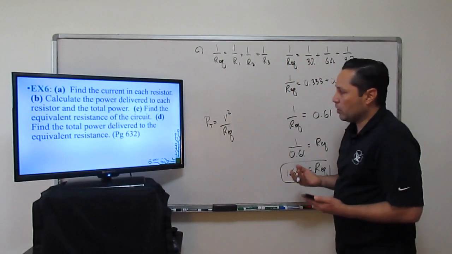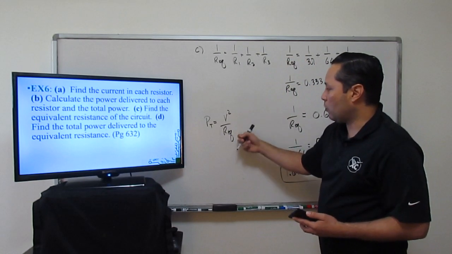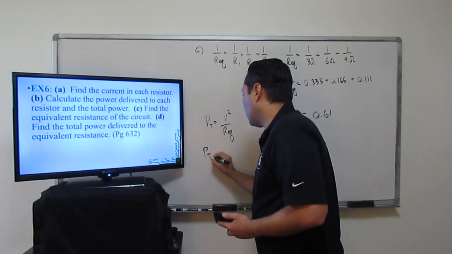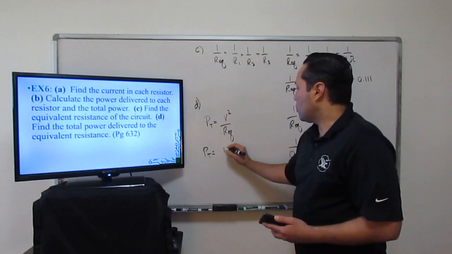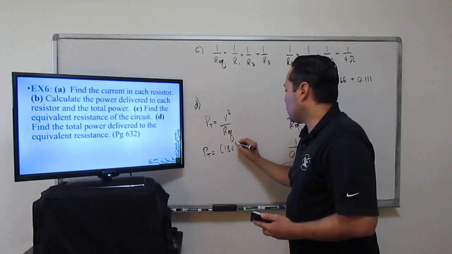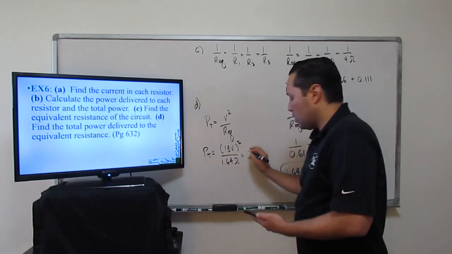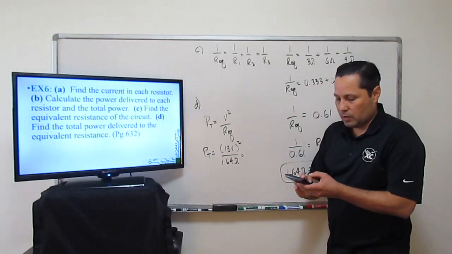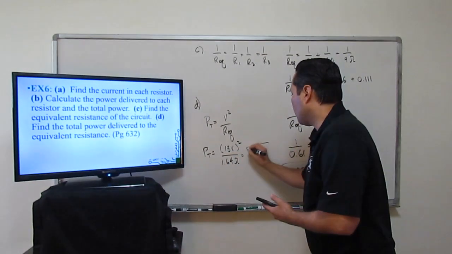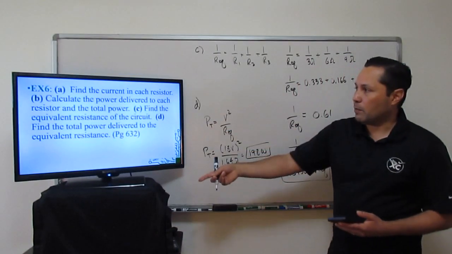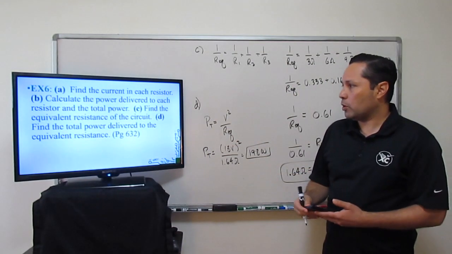As we plug them in, this will be part D. That's going to be 18 volts squared divided by 1.64 ohms. 18 squared divided by our answer gives us 198 watts, which matches part B we previously solved for the total. So just another way of solving for the total.